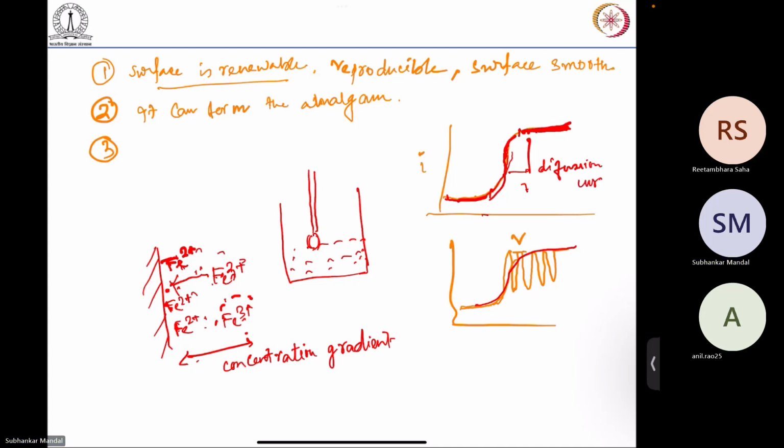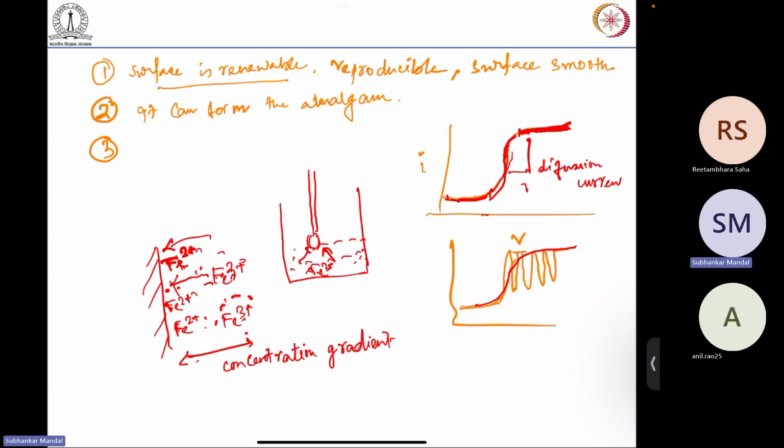Now after some time, when it reaches this value, after that Fe3+ continuously comes to your electrode surface. Your new electrode surface is forming and Fe3+ is continuously going to your electrode surface.